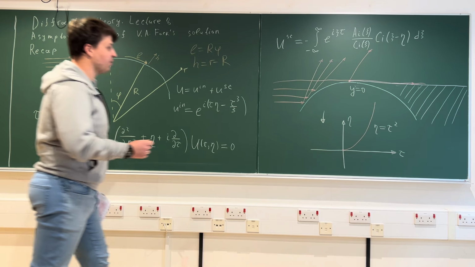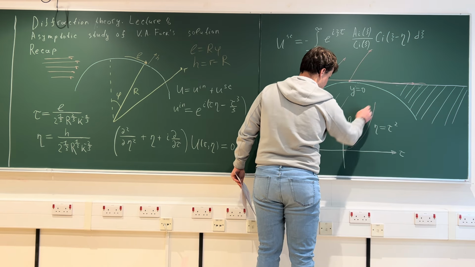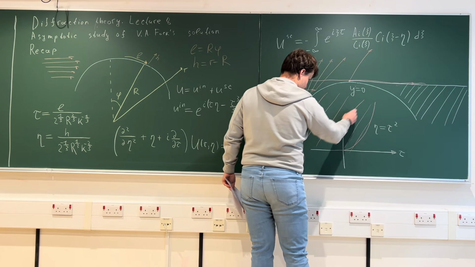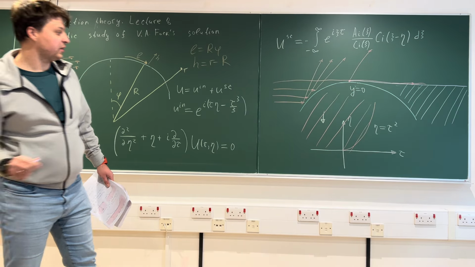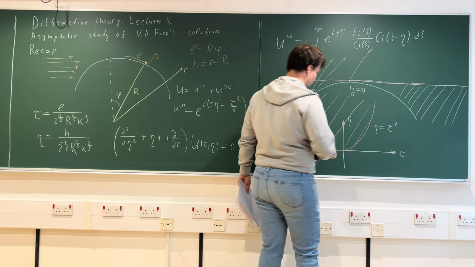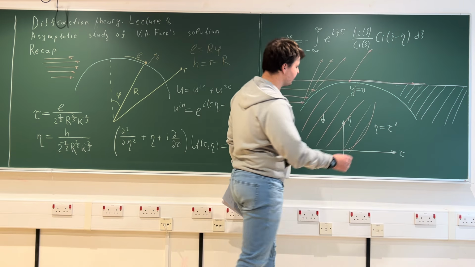This will be the light zone, and this is what's called the illuminated zone, and this is shadow.